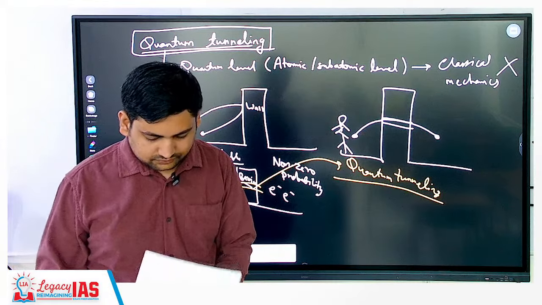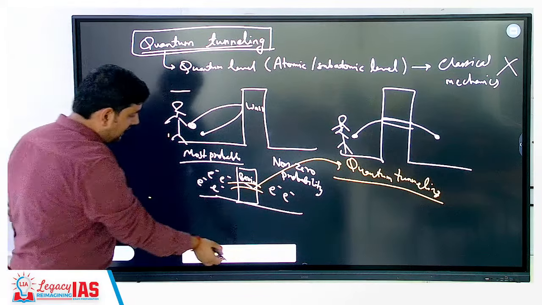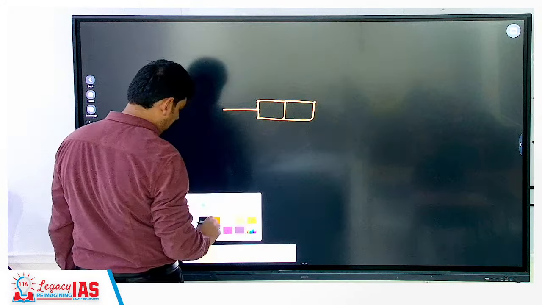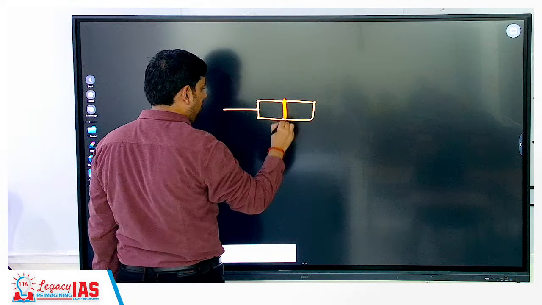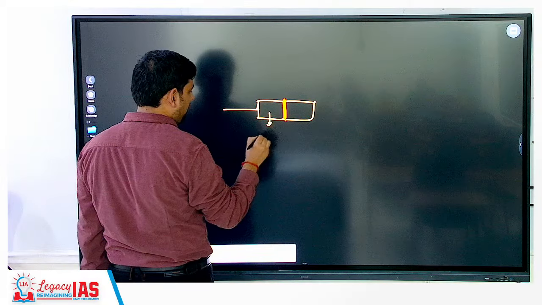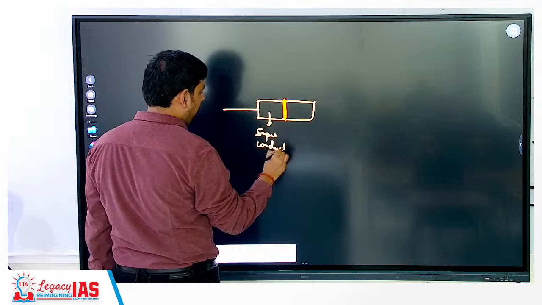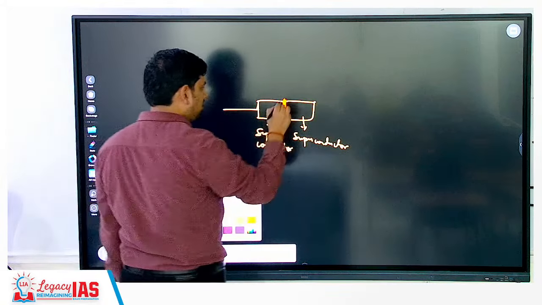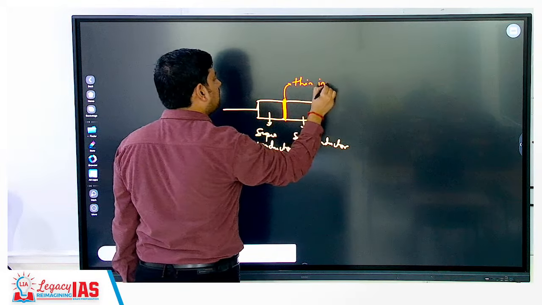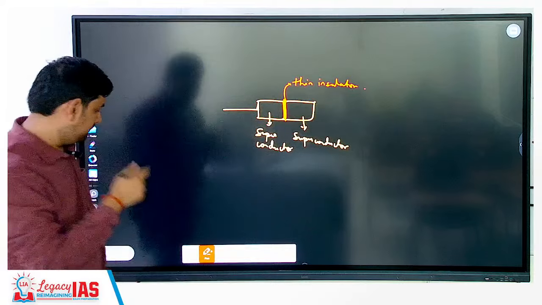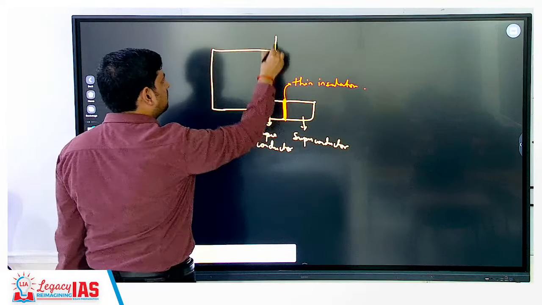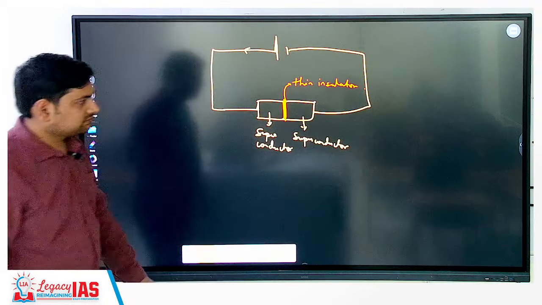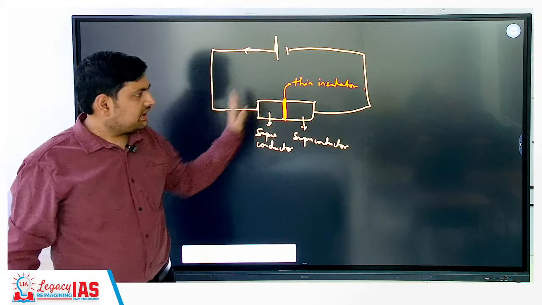Now, what they did: this is a battery. Now they connected this whole thing in a circuit.